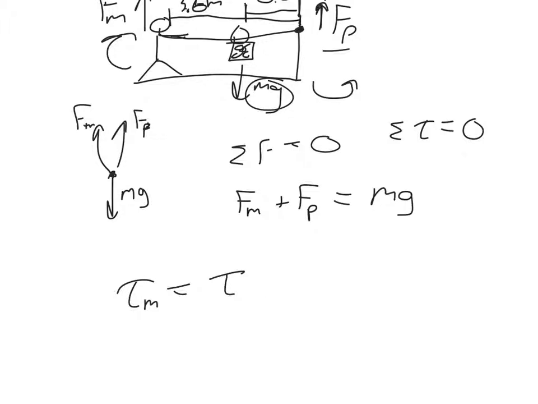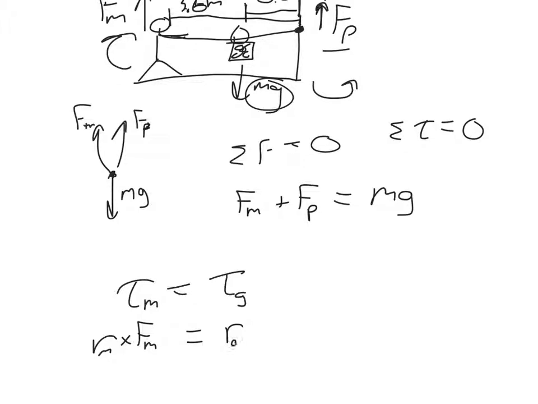And we know that his torque will be the man's radius from the pivot cross his force. And we know the torque from gravity is going to be the radius where the bucket is.